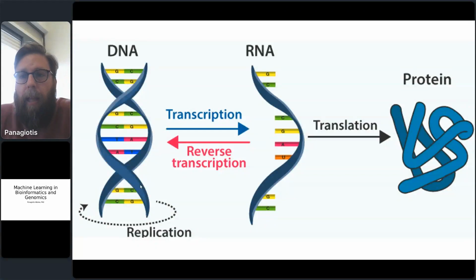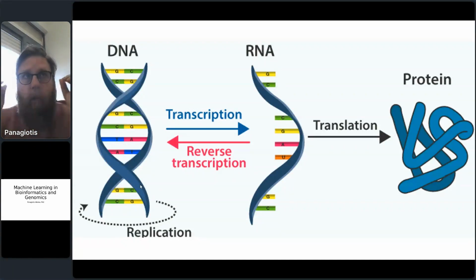So the most important thing, if you don't remember anything about biology and you don't need to know much about it, the most important thing to remember is that there are three layers of how information flows in a cell. There is the DNA level, the RNA level, and the protein level. The DNA is the blueprint.